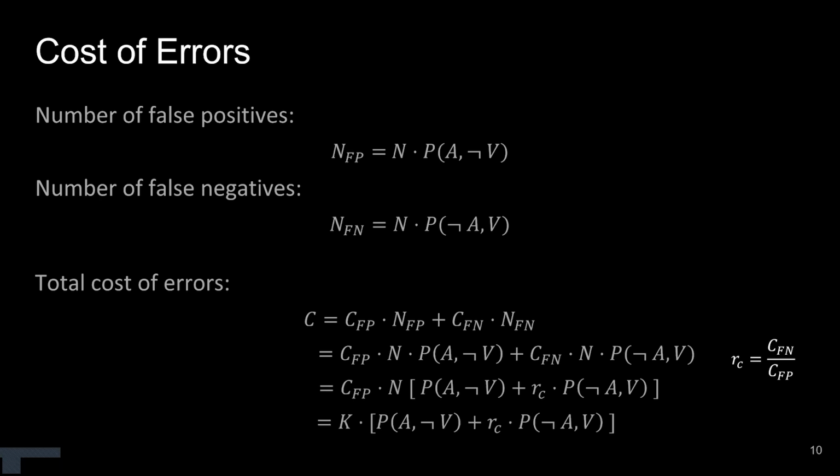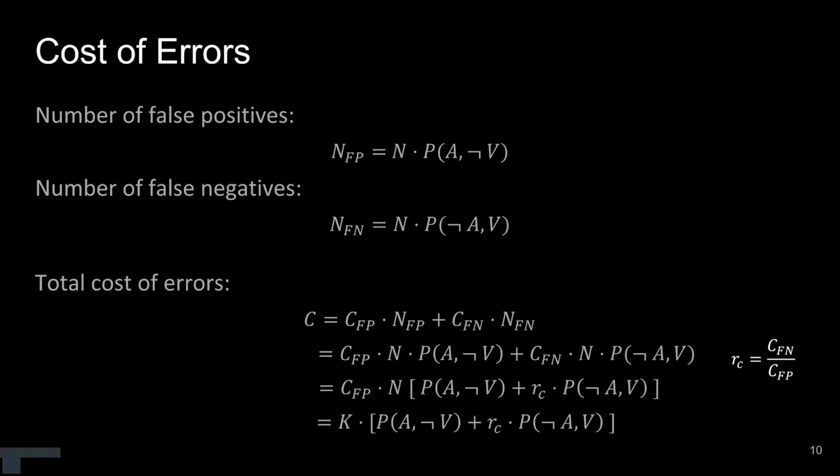Essentially, you can factor out some of these quantities, like the total number of points and the cost of a false positive, and by introducing the cost ratio, which we looked at earlier, the ratio between the cost of false negative and cost of false positive, finally you get this cost here at the bottom.